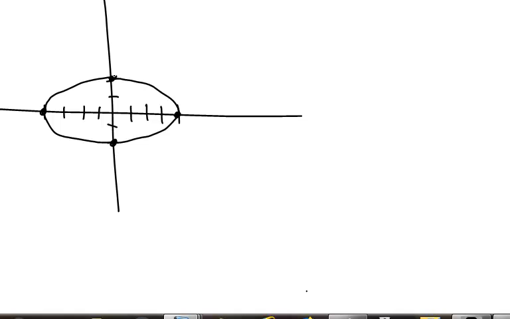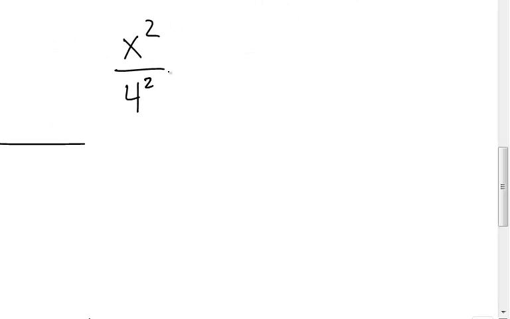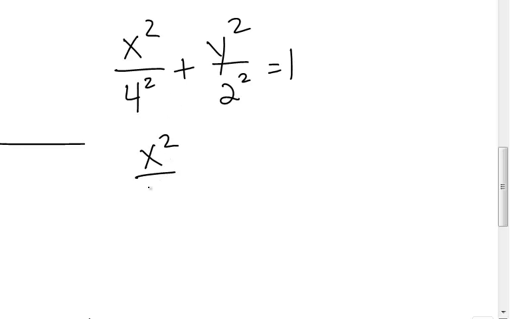Now what's the major axis? The x is the major axis, so it's x squared over 4 squared plus y squared over 2 squared equals 1. And you can write it like that, or you can write it x squared over 16 plus y squared over 4 equals 1. Either one of those will work.